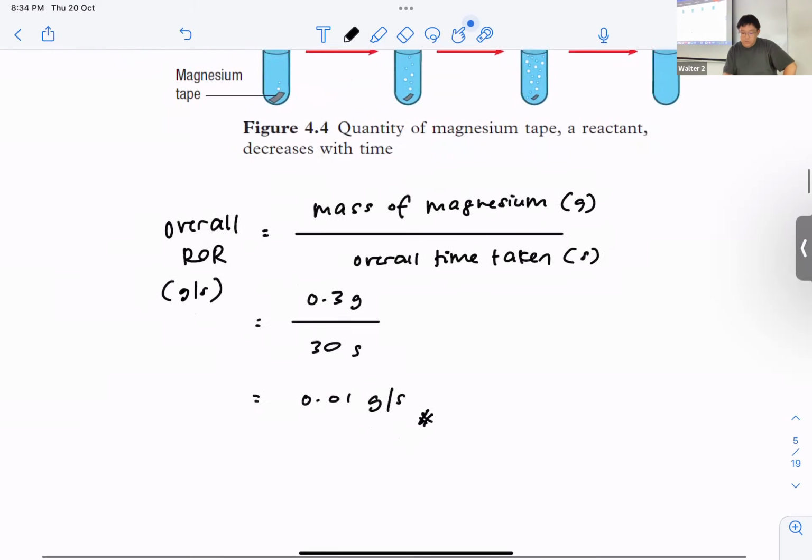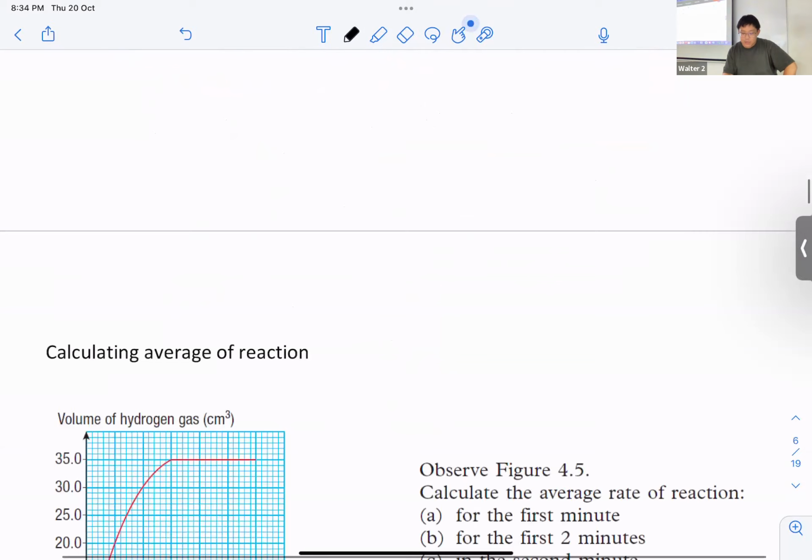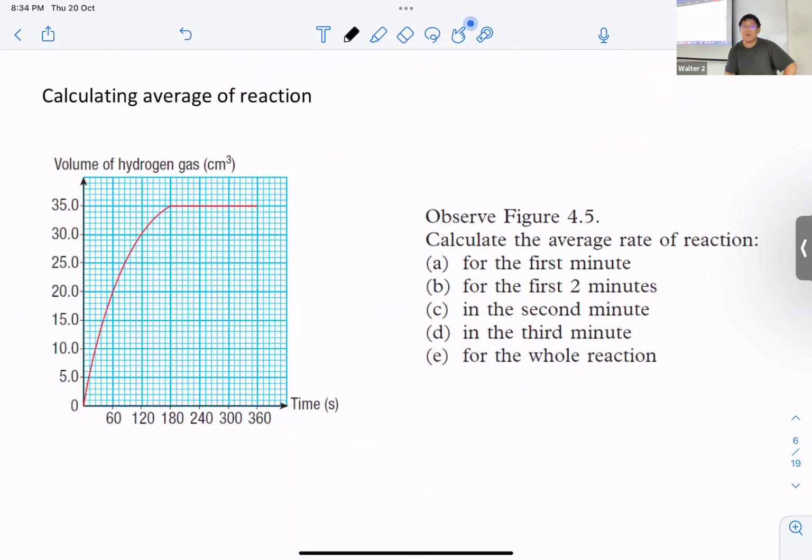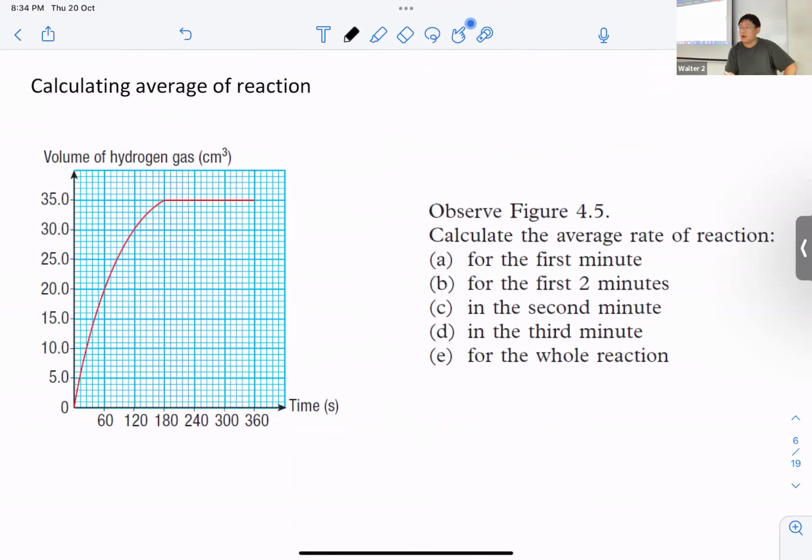So if you go on to the next page, you'll be able to see we're going to learn how to calculate average rate of reaction given a certain set of data or a graph like this. So usually in the chemistry exam for your rate of reaction part, they will either give you a set of data or they'll give you a graph like that. Sometimes they give you the set of data in the form of a table. They will ask you to plot the graph for yourself. You understand?